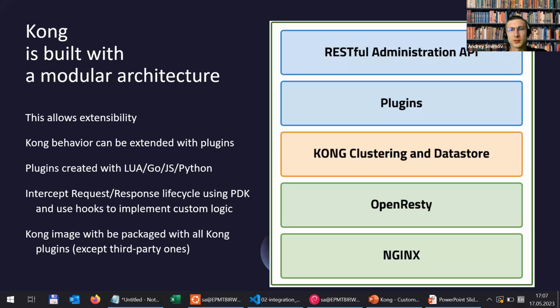Overall, plugins can be created in different languages like Lua, Go, JavaScript, Python, and Pongo also provides an SDK for Lua and Go. But plugins written in Lua, since Kong is based on Nginx and OpenResty, will give us more speed in requests, because we don't need to generate the code and run it in a separate container.